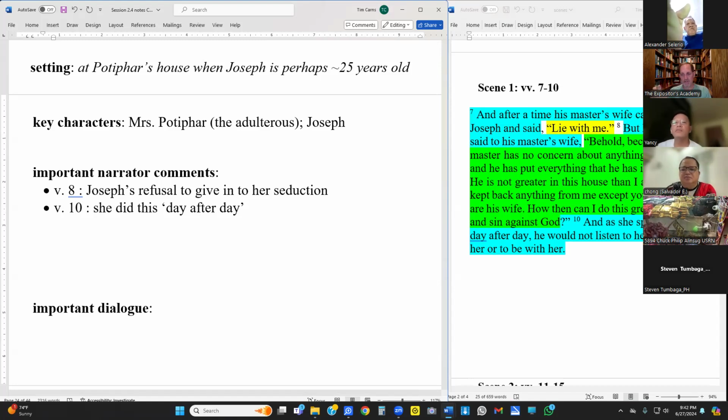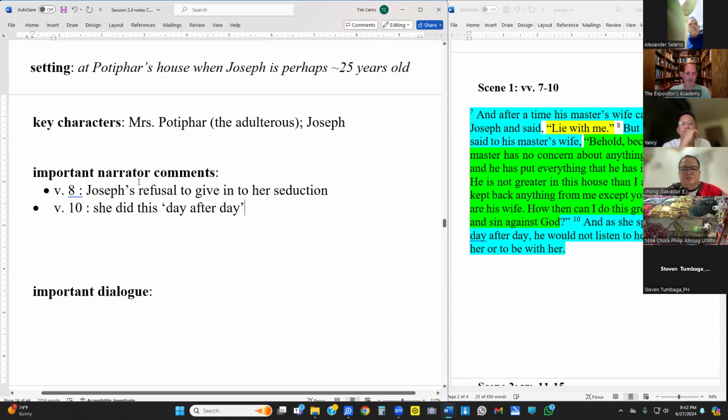At some point, she started lusting after Joseph and wanted to have sex with him, but he refused. And then verse 10, she did this day after day, kept going to him. Those seem to be the main statements here, unless anybody sees something else.